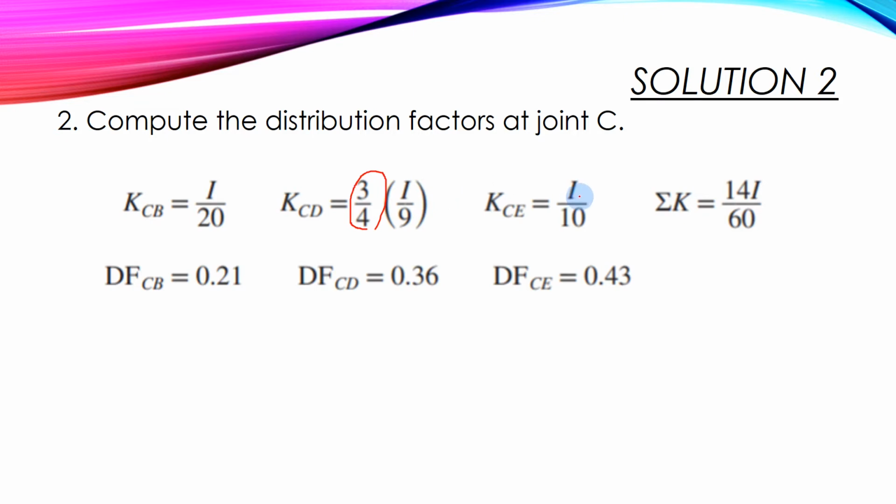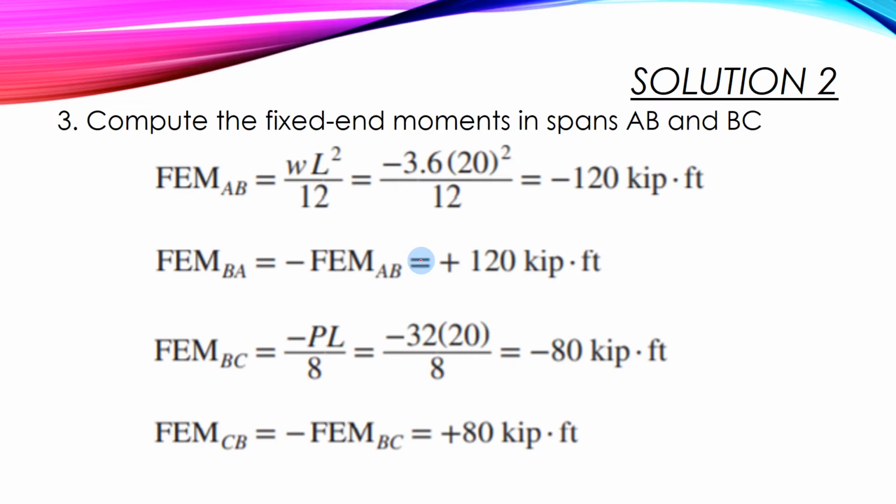KCE is equal to I over 10. If we sum up all the stiffnesses at C, we have 14I over 60. So this will be our results for our DFs at joint C. This must be equal to 1 if we sum up all the DFs here. So that is for the DFs.